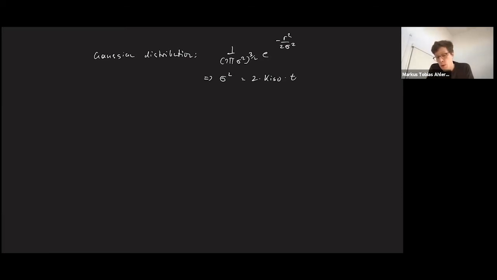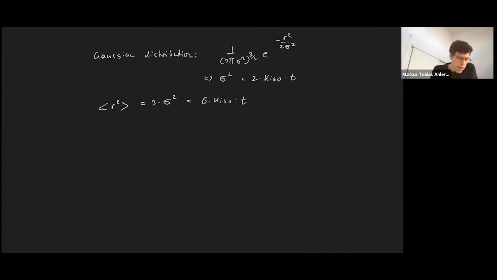And if we now look for the average location, so the average r squared of a Gaussian distribution, you might remember from one of your courses that this is going to be 3 times the variance of the 3-dimensional Gaussian, so 3 times sigma squared. And so this is now going to be 6 times the isotropic diffusion scale times time.